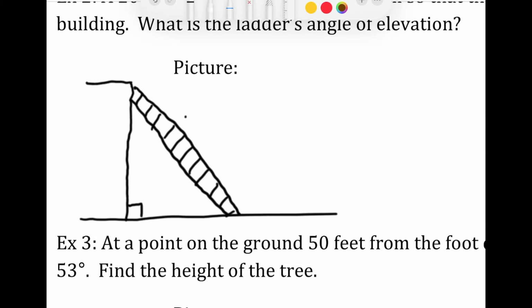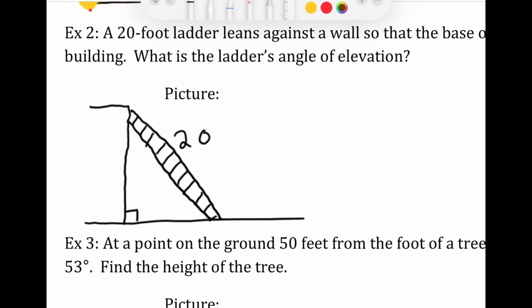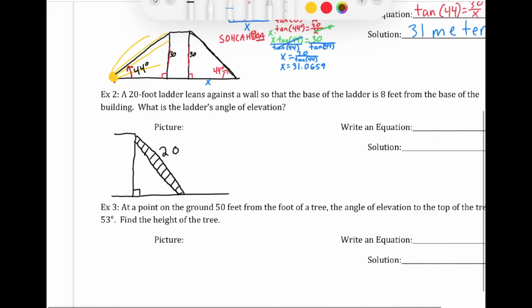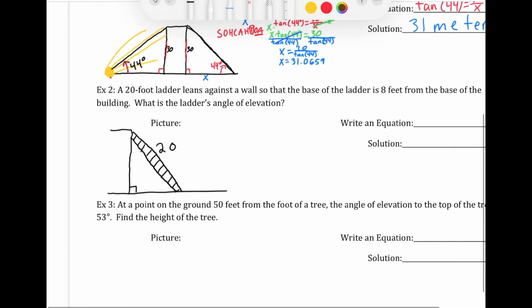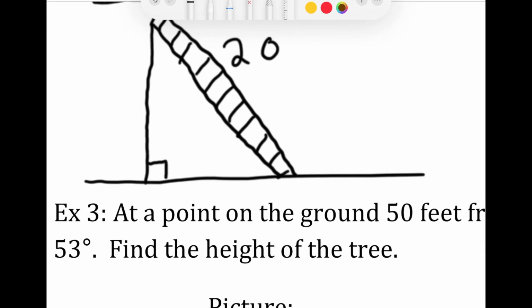The ladder is 20, I believe it's feet. And then the base of the ladder is 8 feet from the base of the building. So that means from the bottom of the ladder and the bottom of the building, we have 8 feet.